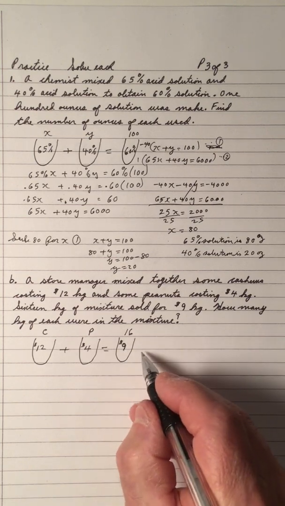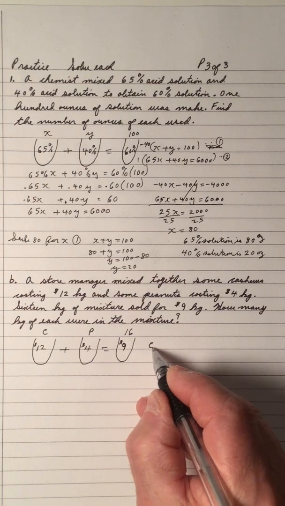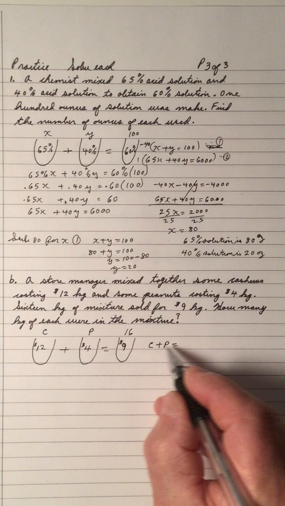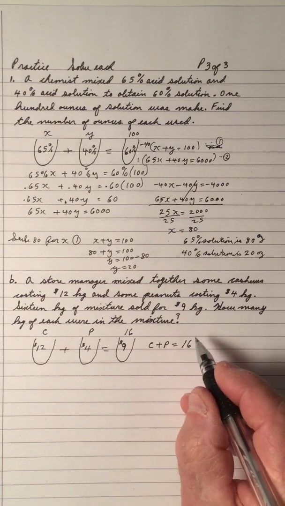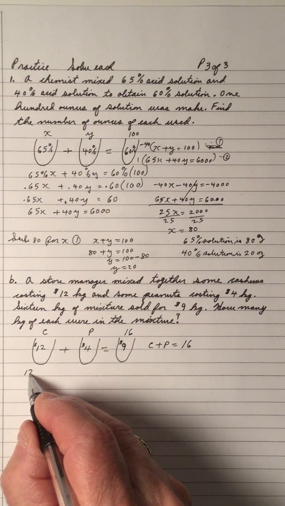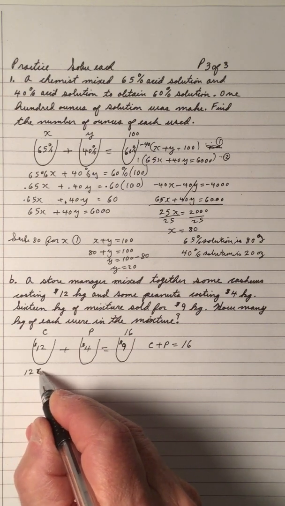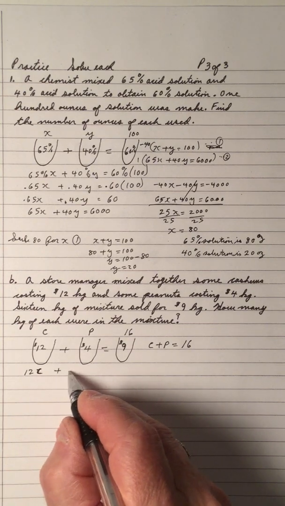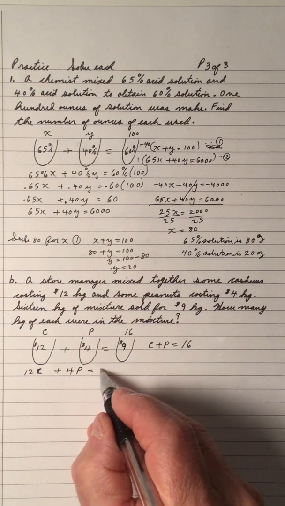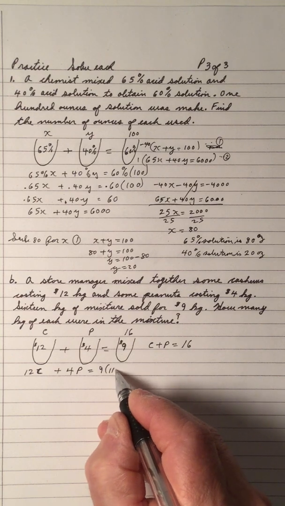So again, the easy equation is C plus P, cashews add on the peanuts, you're going to get 16 kilos. And this time we got $12, so it's 12 times C plus 4 times P equals 9 times 16.